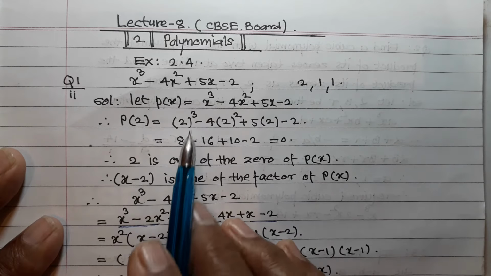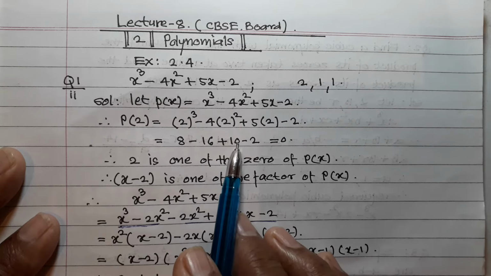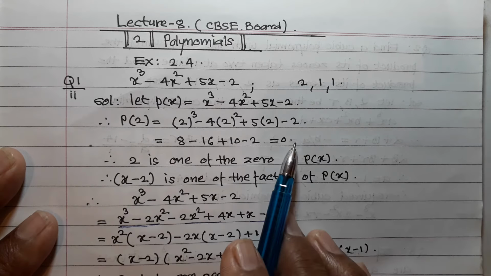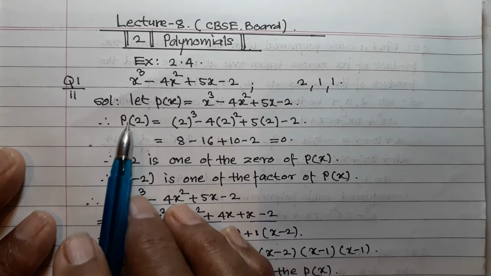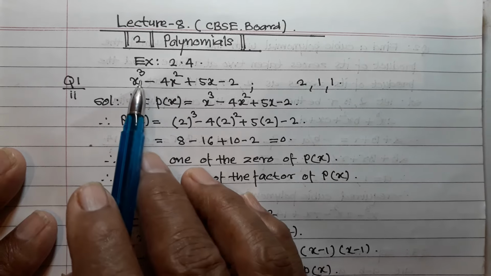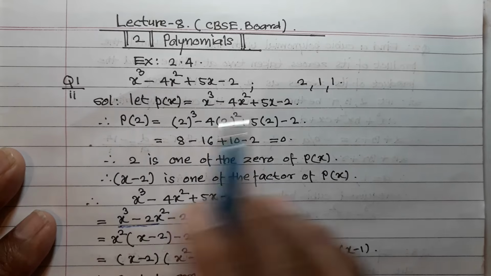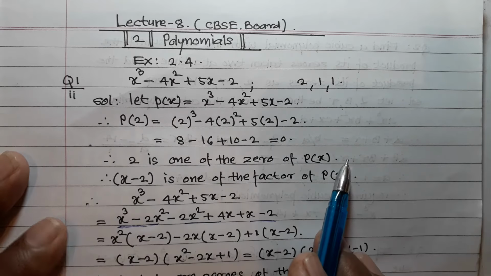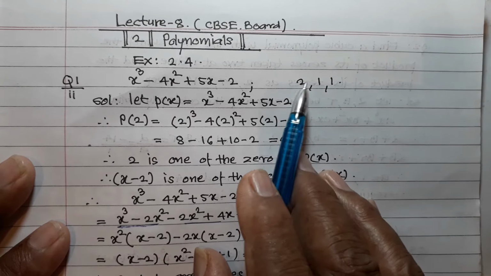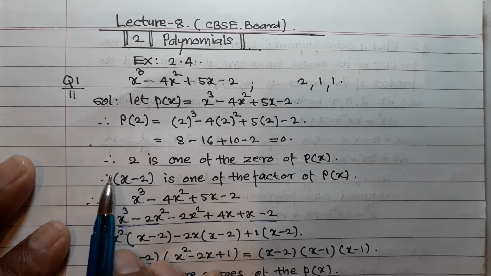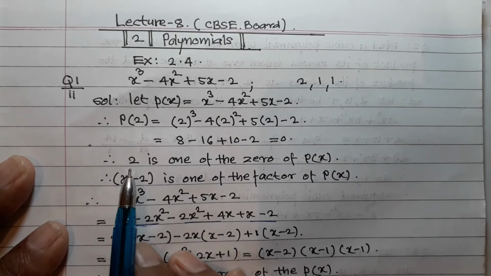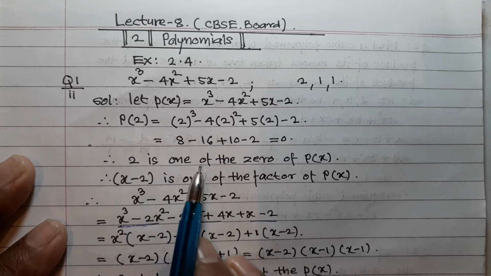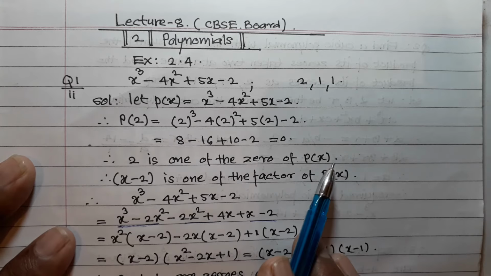Simplify this, you will get 8 minus 16 plus 10 minus 2, which is equal to 0. So the value of the given p(x) at x equal to 2 is 0, and therefore 2 is one of the zeros of p(x).